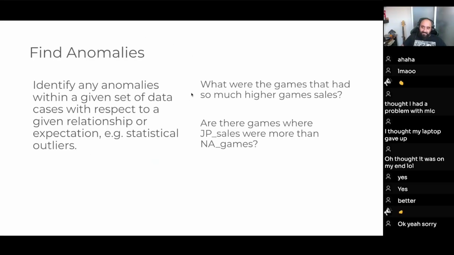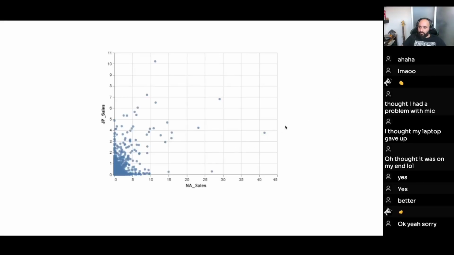The next task is actually finding anomalies, right? Identify any anomalies within a given set of data cases with respect to a given relationship or expectation. For example, statistical outliers. What were the games that had so much higher game sales than other games? Other games where Japanese sales were more than North American games by a great deal.